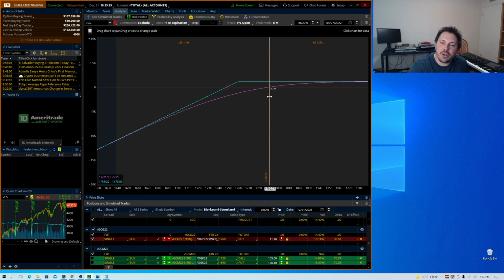This will either expire worthless and you'll keep that premium, or it could be in the money and you would have to take a long position. For the futures, you would get assigned one long gold futures contract. If it was a stock, you would be long 100 shares of stock from this strike price.